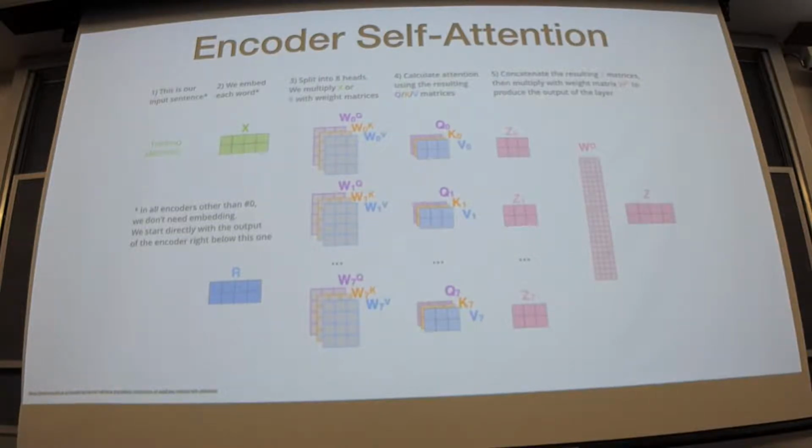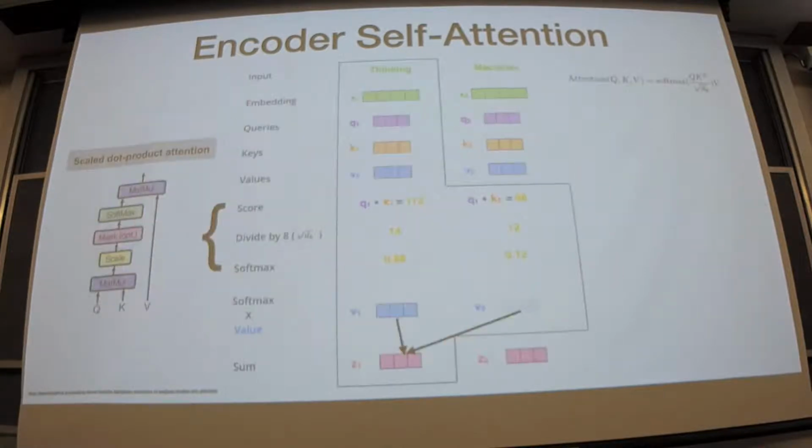How come Z has 2 rows? Because there are 2 tokens in the input. It's still unclear to me, what are the heads? Maybe you already explained this slide. The heads are these. This whole operation is a head. Oh, so Z1 is a head?